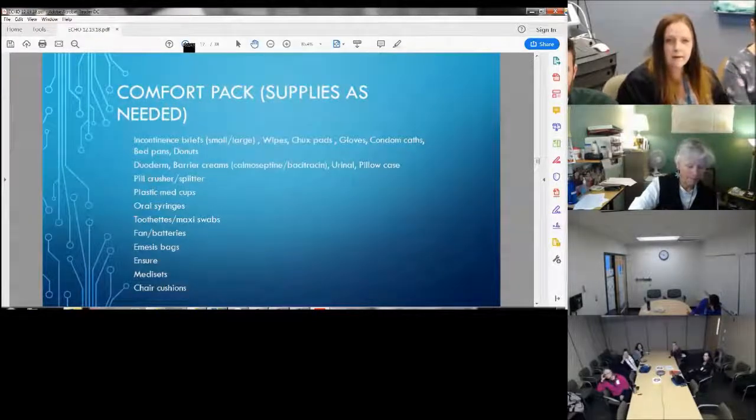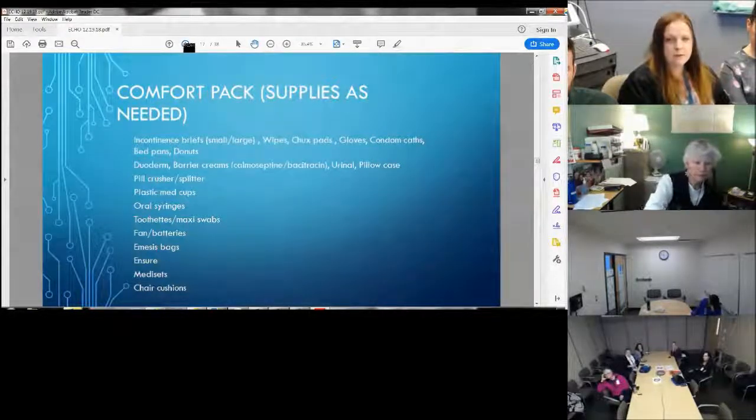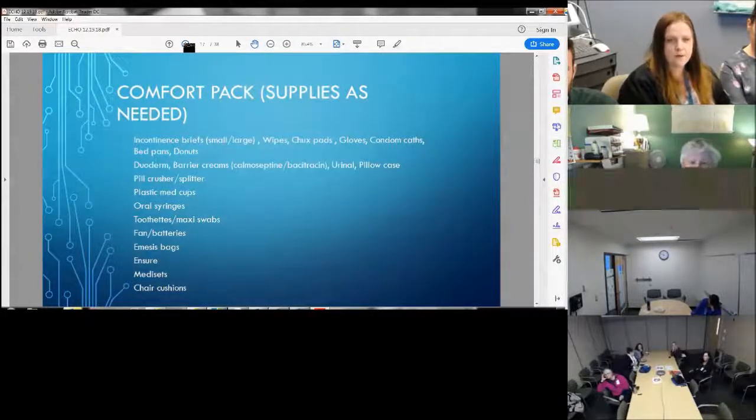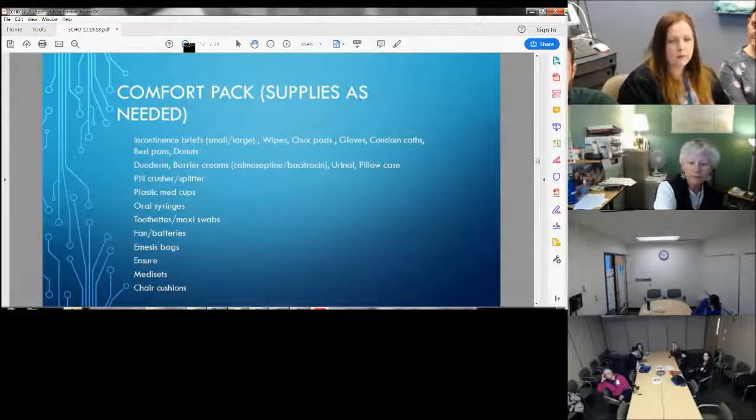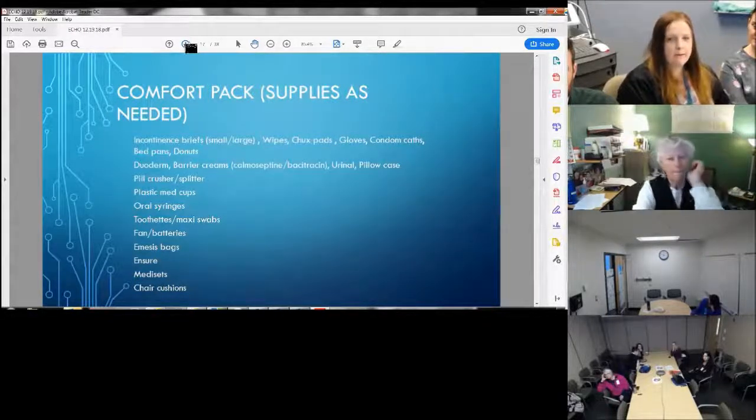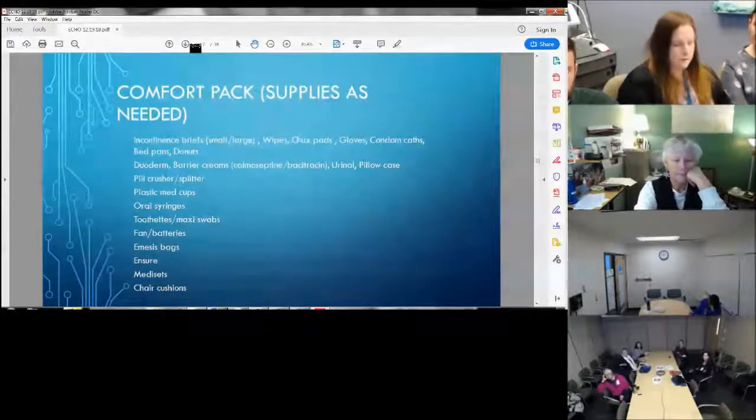Next slide. So other things that we want to consider are comfort supplies and supplies that they're going to need that probably aren't readily available in the village. And again, the village may have some of these supplies, but they probably have to order them from their hub.